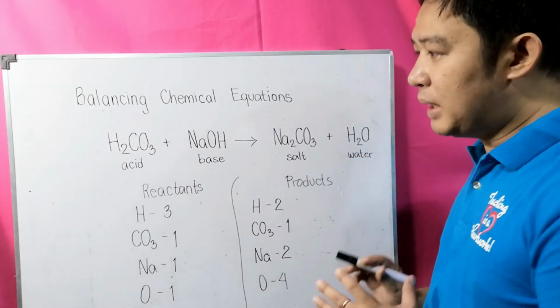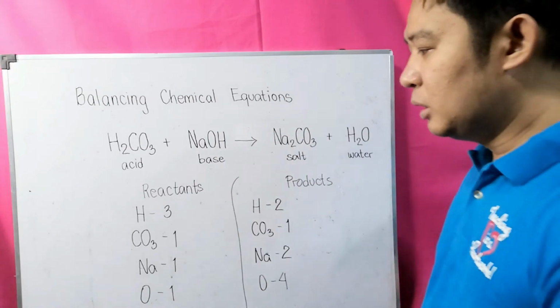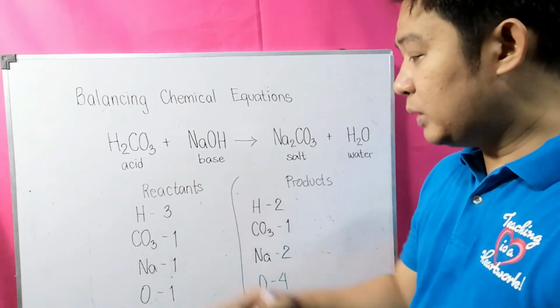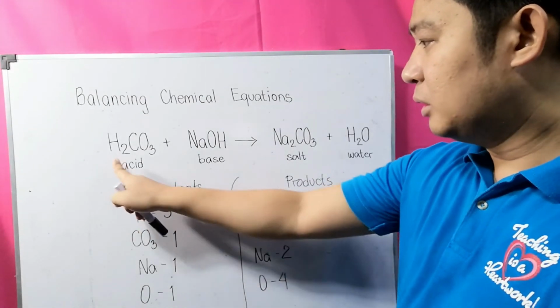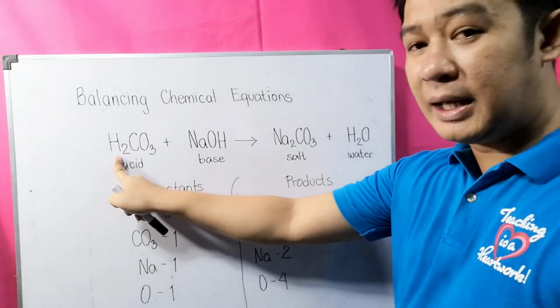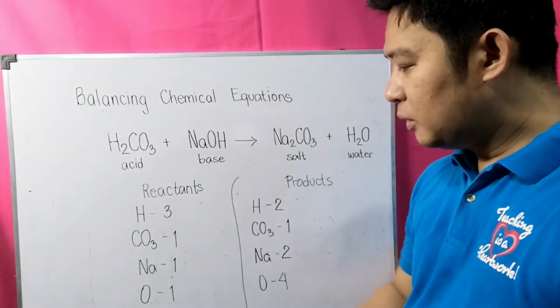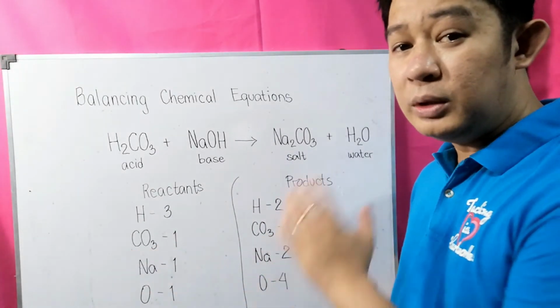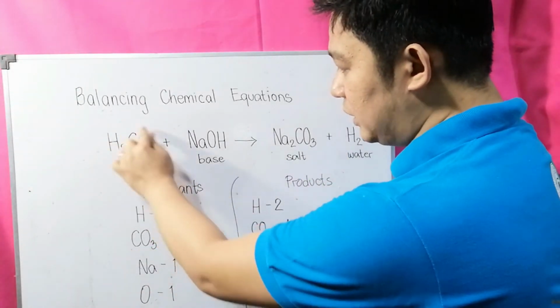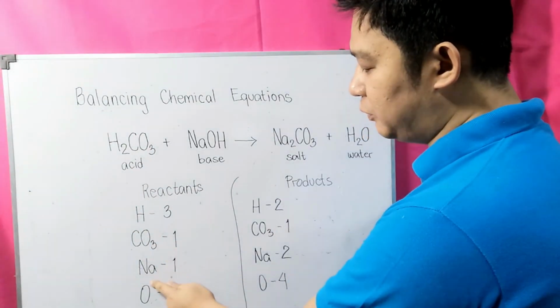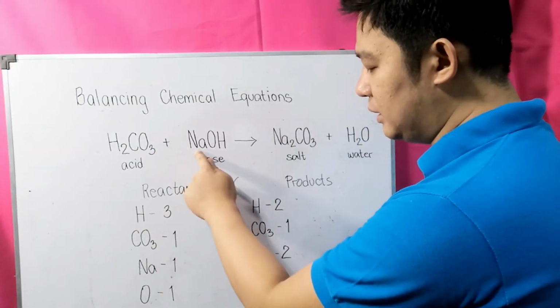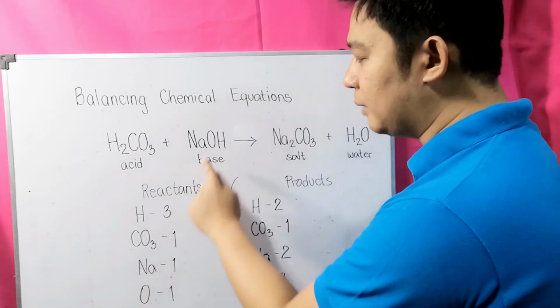So let us now balance this chemical reaction. On the reactant side, we have 3 hydrogen, 2 coming from the carbonic acid and 1 from the base sodium hydroxide. For the carbonate, we only have 1. And for sodium, we also have 1. And for oxygen, we have 1.